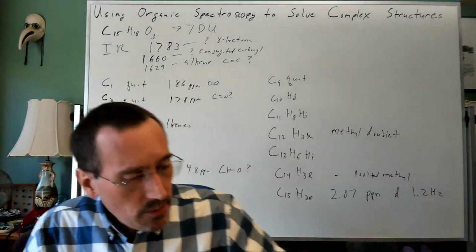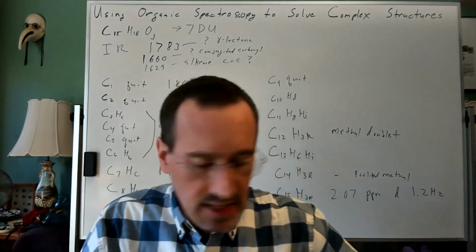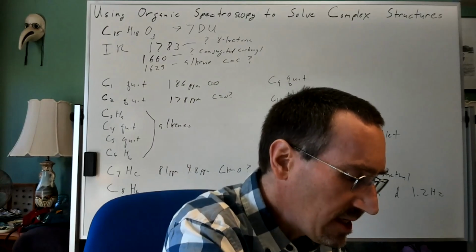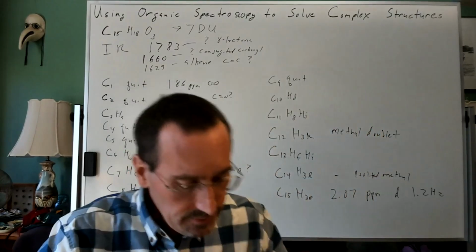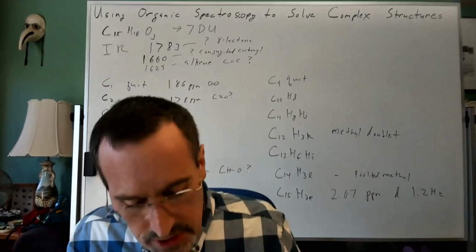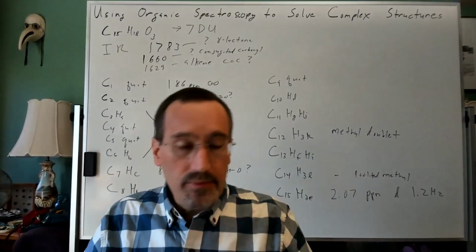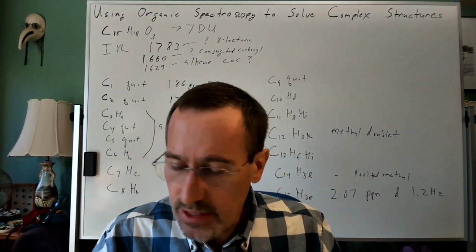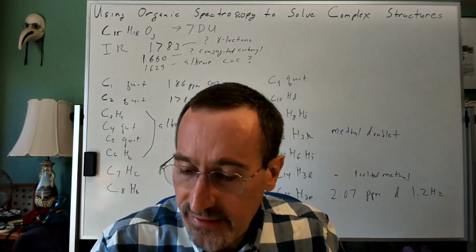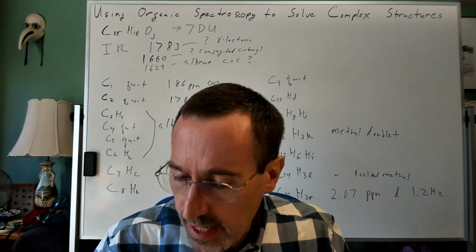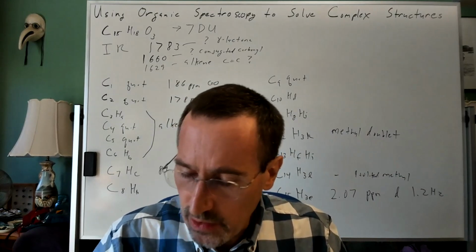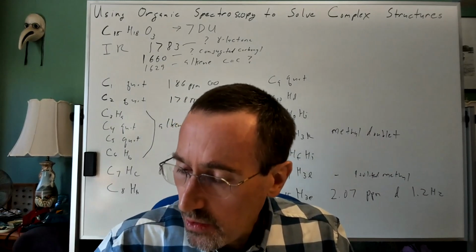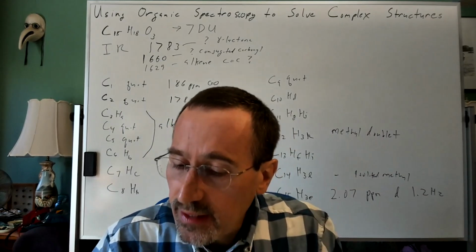All right, so at this point, I think I want to go through the COSY spectrum and start to try to build up our fragments here, build up any sort of chains we have. I'm going to go to handout number 2, and we're going to work that handout.